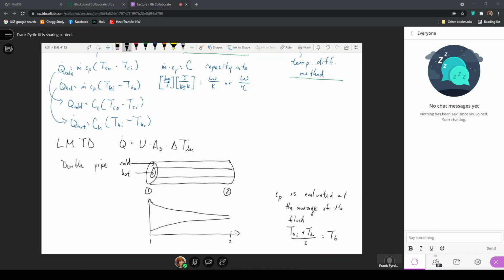But here it is just a matter of determining or using this expression for the heat exchange between the two fluids to answer other questions that might be associated with it. Now, the application of the log mean temperature difference method is applicable directly for double pipe heat exchangers.